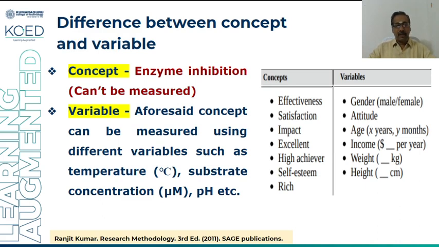The basic or fundamental property which discriminates a concept and a variable is that a concept cannot be measured, whereas a variable can be measured. An example of a concept is enzyme inhibition, which you cannot measure directly, whereas you can measure enzyme inhibition by using different types of variables such as temperature, pH, substrate concentration, enzyme concentration, etc.